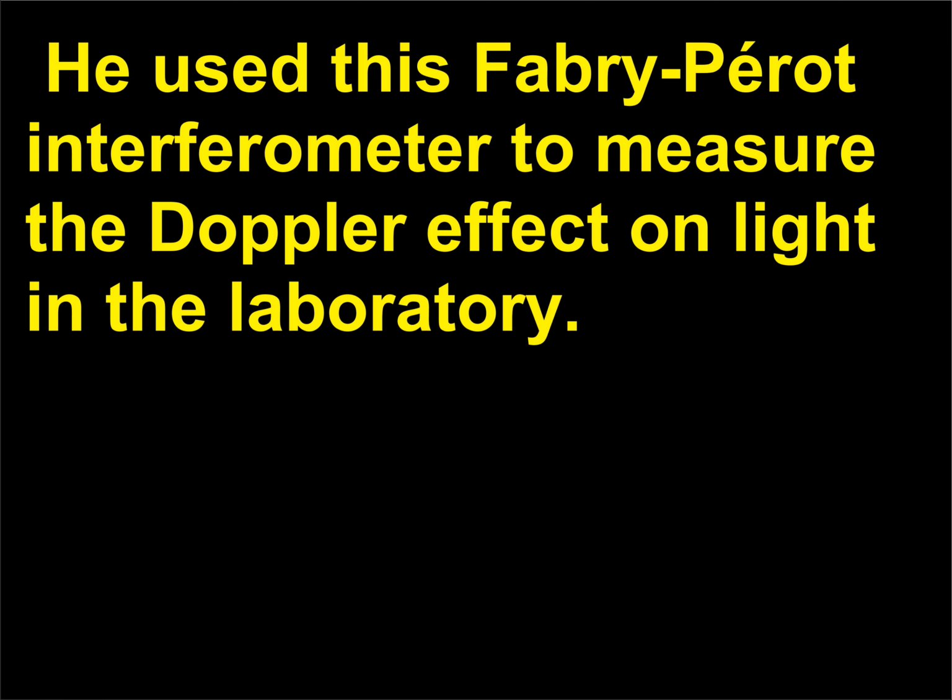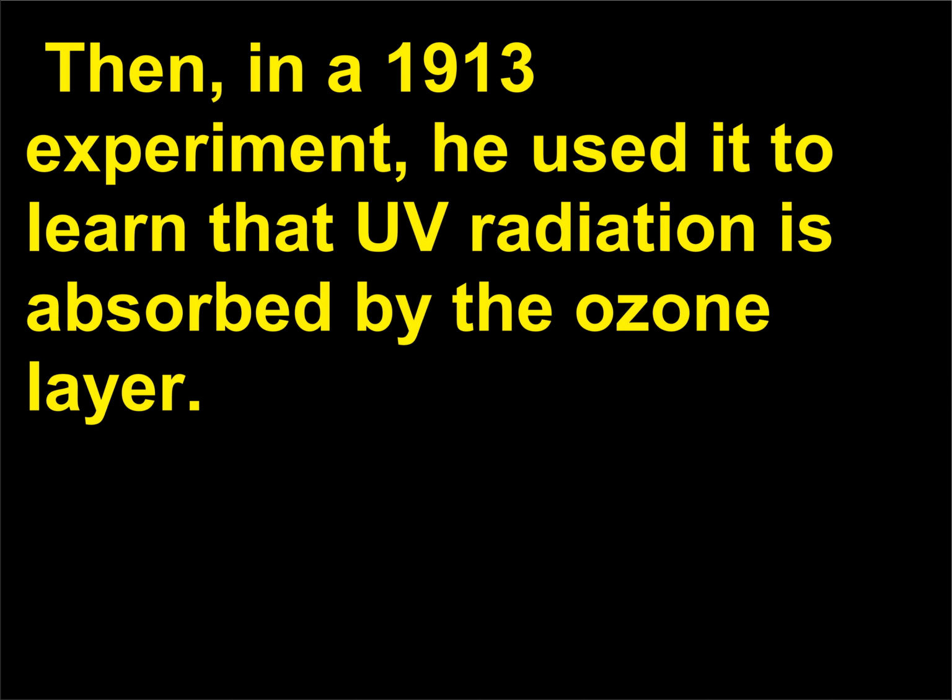With fellow French physicist Albert Perot, 1863 to 1925, he used this Fabry-Perot interferometer to measure the Doppler effect on light in the laboratory. Then, in a 1913 experiment, he used it to learn that UV radiation is absorbed by the ozone layer.